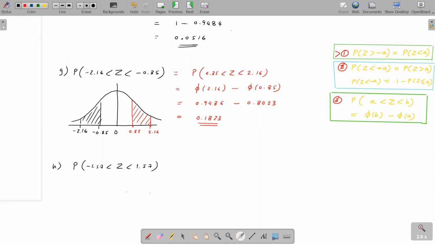All right, guys. Next one, Z between minus 1.57 and plus 1.57. Let me do it the theory way, or you can draw the diagram and do it. There are many ways. So this is actually phi 1.57 minus phi minus 1.57 using the rule. Phi means the probability Z is less than.